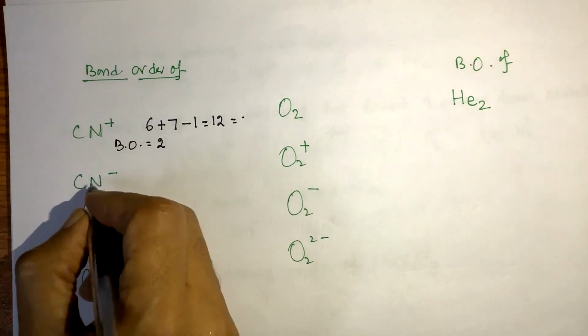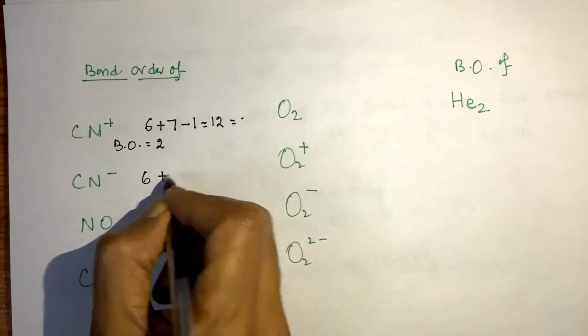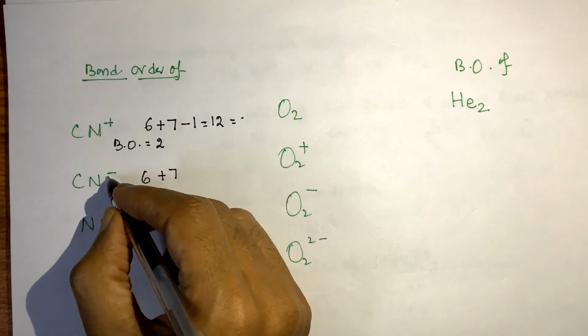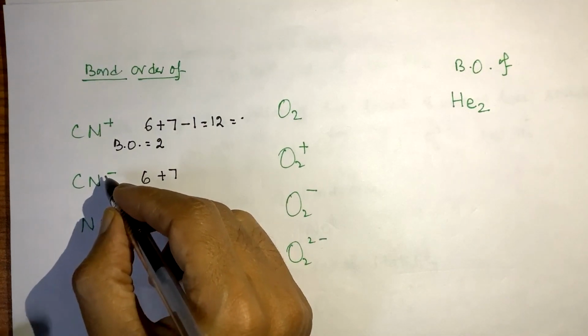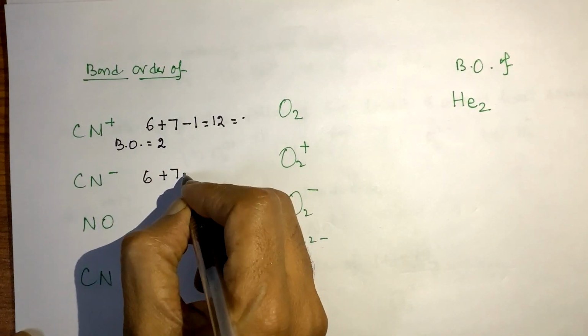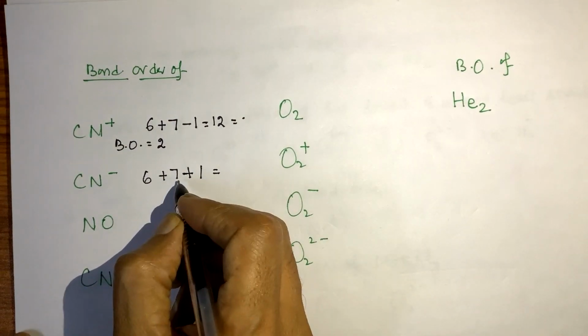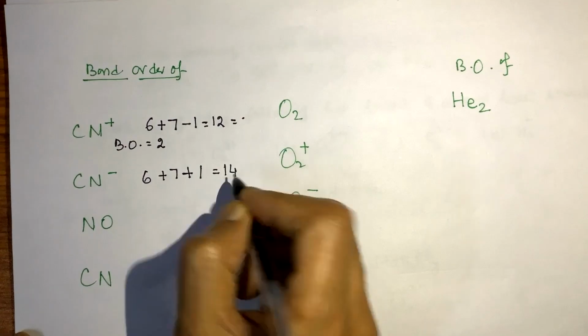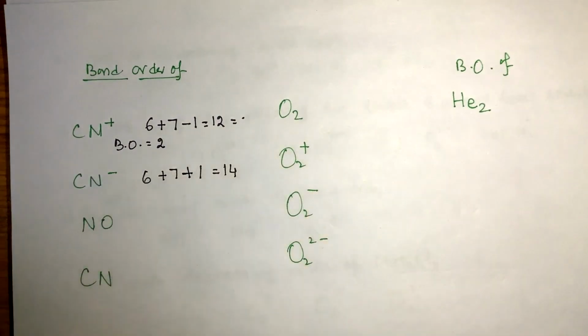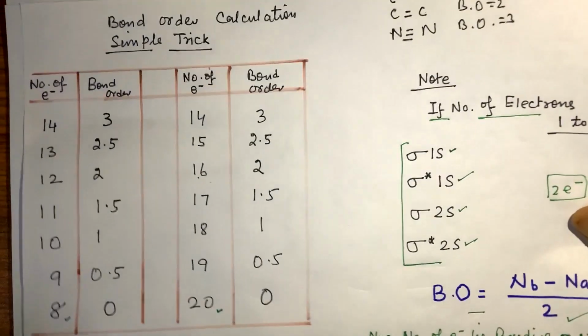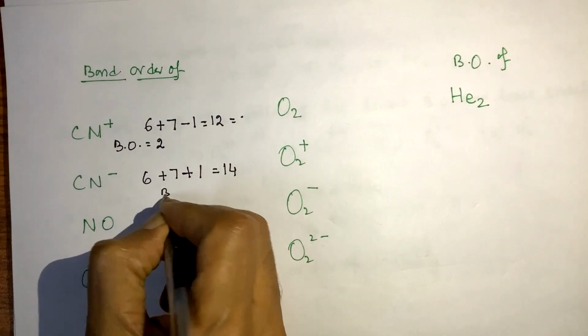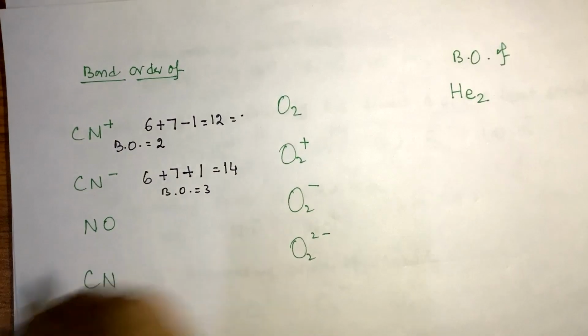CN minus: C is 6 and N is 7, and for minus charge 1 electron is added, and this becomes 6 plus 7, 13, plus 1, 14. For 14 in the table we see that bond order is 3. So here the bond order is 3.